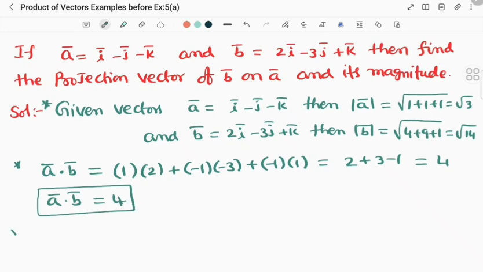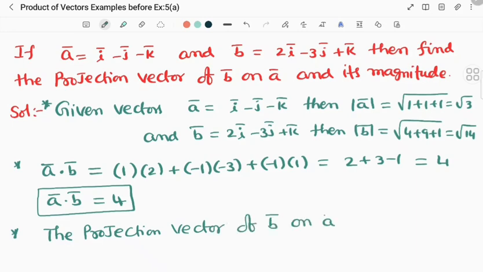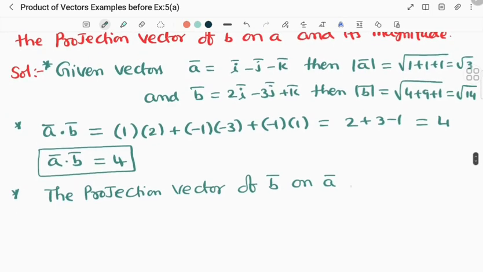Here the question is the projection vector. While writing, observe carefully, dear students. The projection vector of B bar on A bar. While writing the formula, observe carefully.